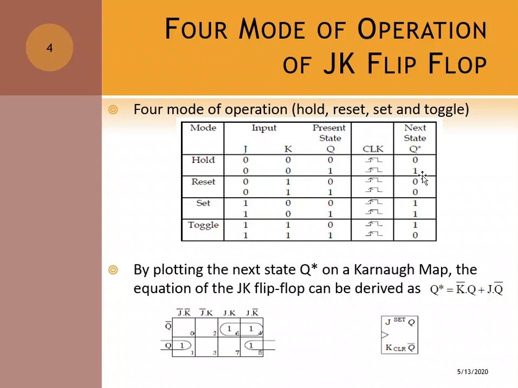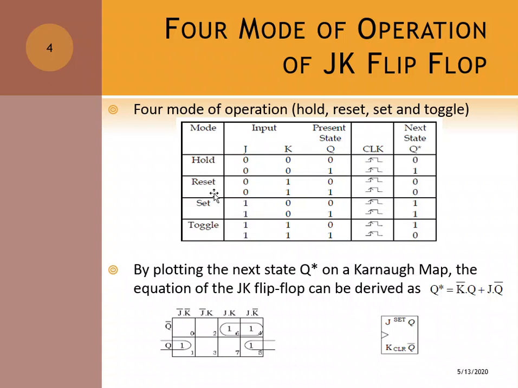So kalau kedua-dua input untuk J dengan K tu kosong, output akan ikut present state. Maksudnya kalau present state 0, next state also will be 0. Kalau present state 1, next state will be 1.